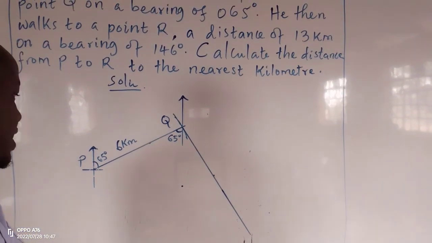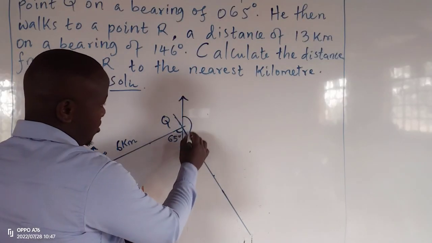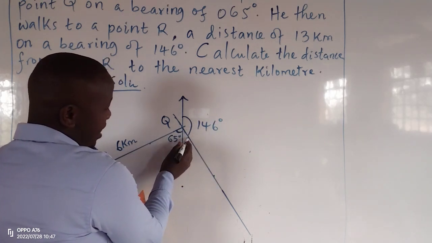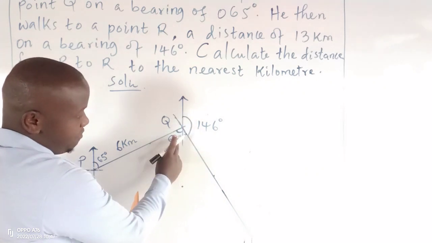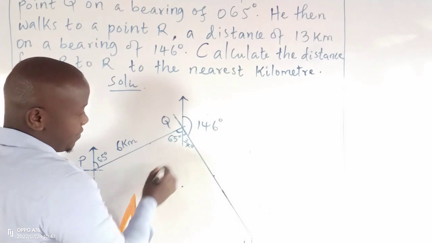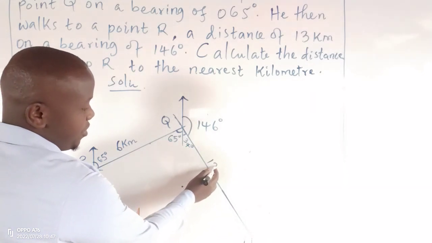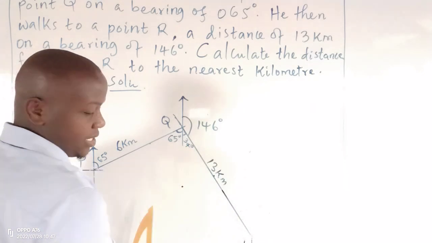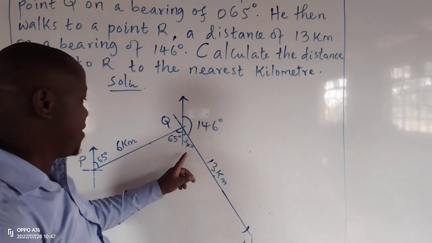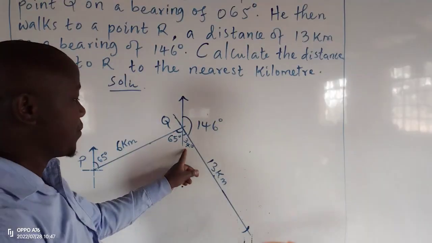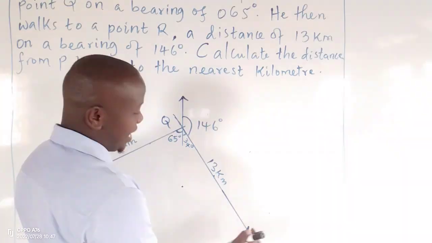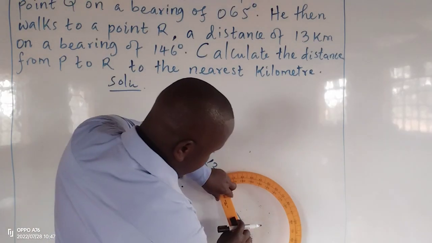Such that now, if this is 146, then it means we have left an angle here, because the whole of this angle could have been 180. Then we have left 34 degrees here. Then we produce 13 kilometers here, such that if the arc of 13 kilometers will be here, now that we have left 34 degrees here, we can construct 34 degrees on the upper side, so that we produce again a perfect compass at this point.